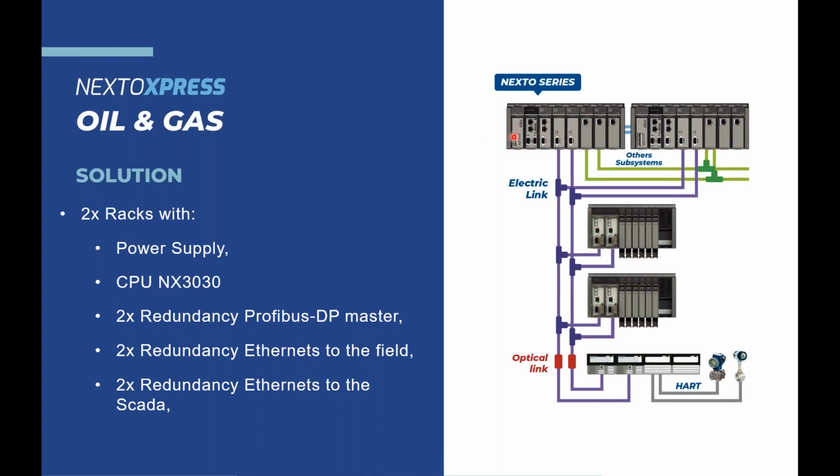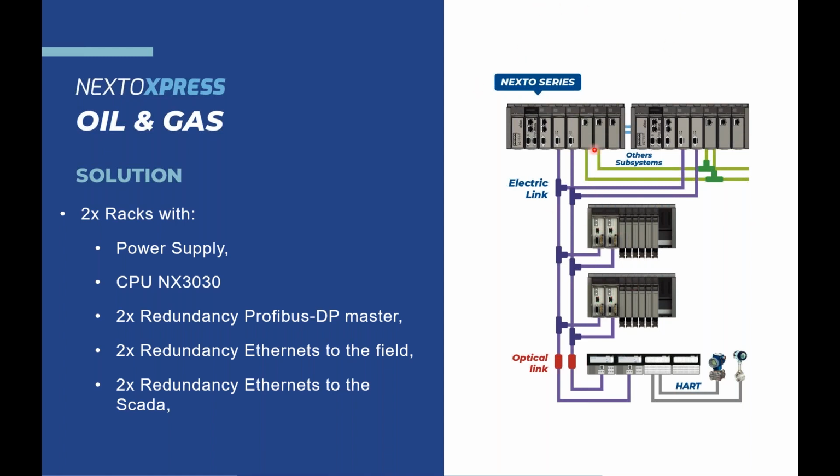We have a power supply over here, a redundant CPU next to 3030, two Profibus DP masters, and two redundant Ethernet ports to the field, to communicate with the other half and with other devices. And we have two Ethernet ports going up to the SCADA system and to the asset management software in the control room.